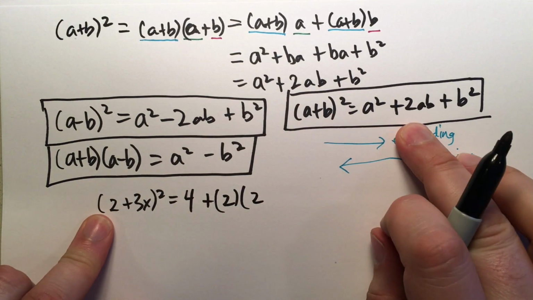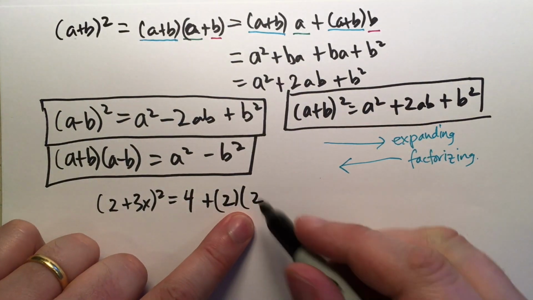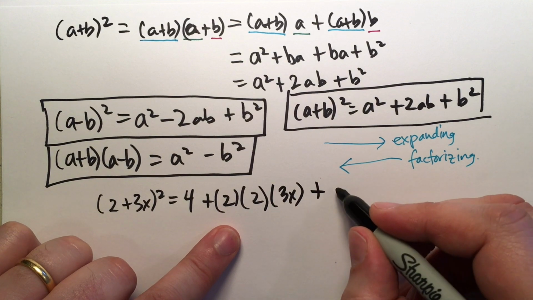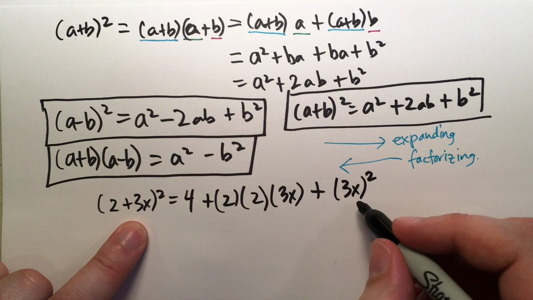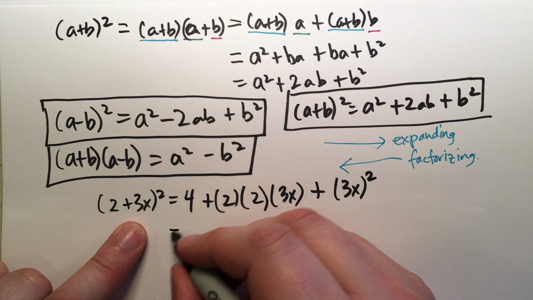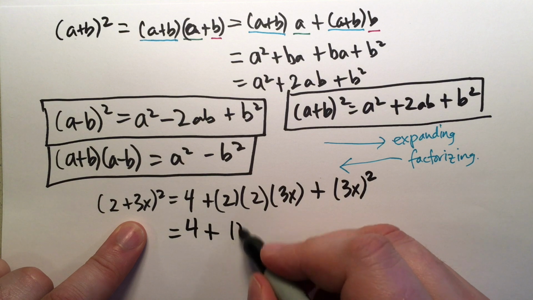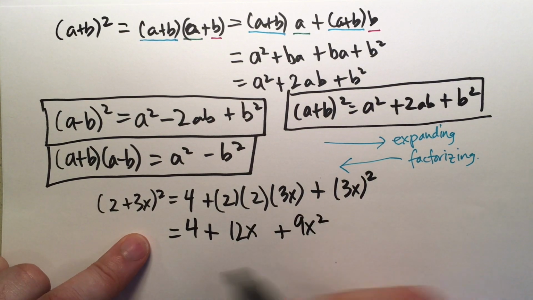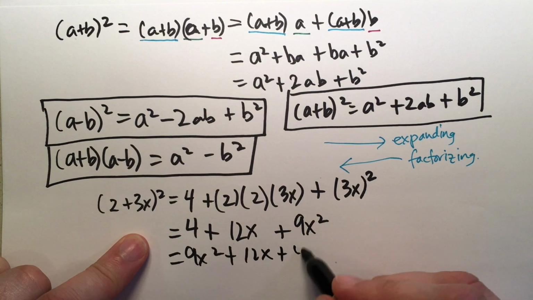So this first 2 comes from over here, that 2 goes there, this 2 comes from there, times 3x. And then we finally add 3x squared, the entire 3x, not just the 3, but 3x and 3x again. 4 plus 4 times 3 is 12x plus 9x squared. Or we'd rather write that as 9x squared plus 12x plus 4. Okay.